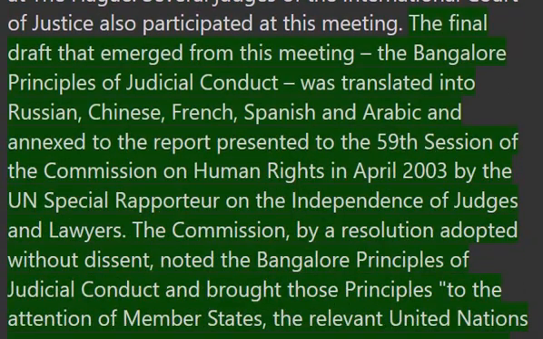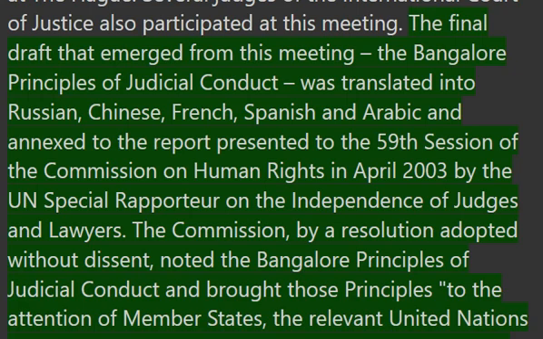The final draft that emerged from this meeting, the Bangalore Principles of Judicial Conduct, was translated into Russian, Chinese, French, Spanish and Arabic and annexed to the report presented to the 59th session of the Commission on Human Rights in April 2003 by the UN Special Rapporteur on the Independence of Judges and Lawyers.